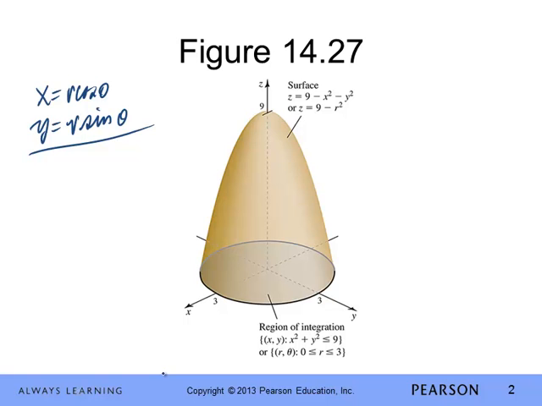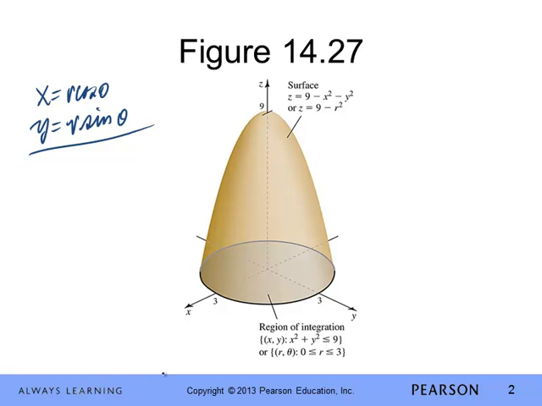So how you have to set up your double integral is you have this region on the xy plane given by x squared plus y squared equals 9. So you would have to solve for y, and y is equal to plus or minus square root of 9 minus x squared. And so you see what your limits of integration for the y variable will be, involving those radicals, right? And so it gets to be a little bit algebraically messy.